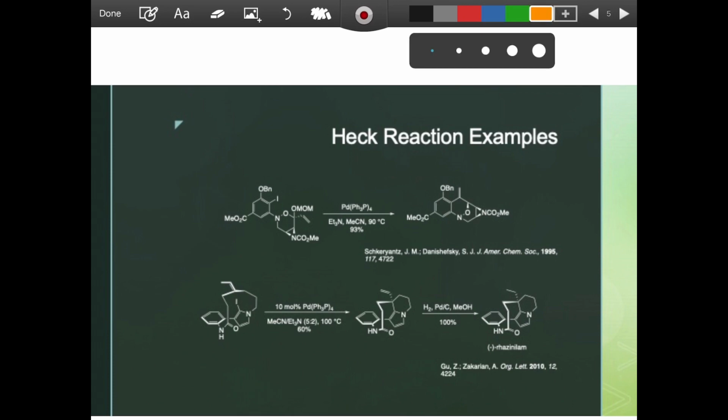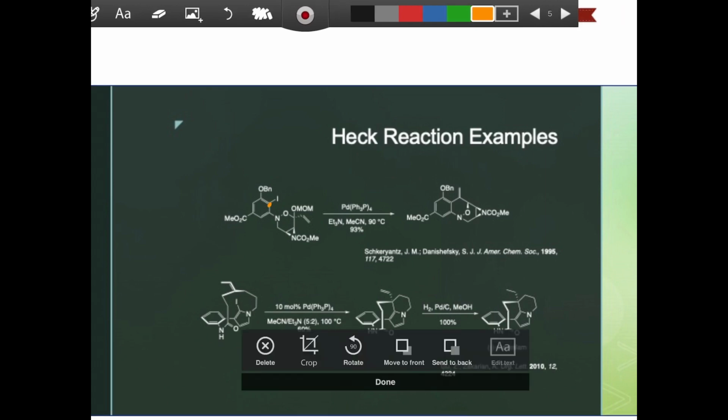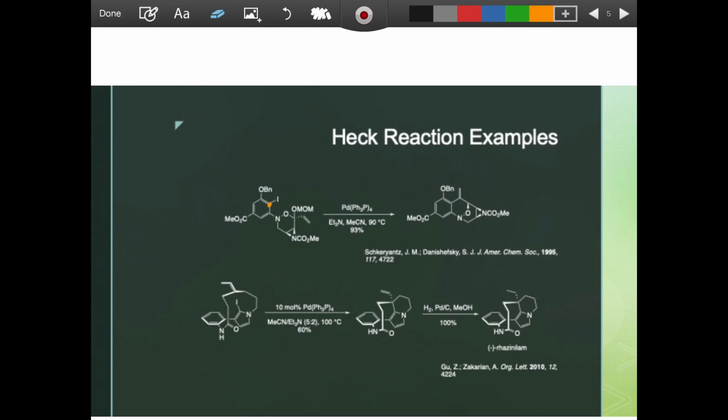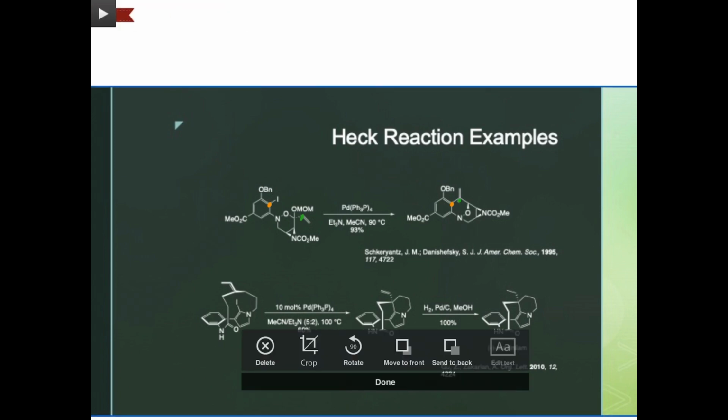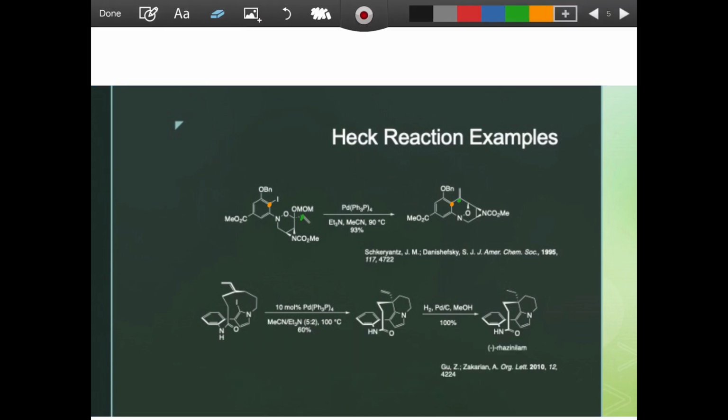So if we look here, this carbon right here is this carbon right there, and then this carbon here. Why does it keep doing that? Is this carbon here? Oh, this is annoying.